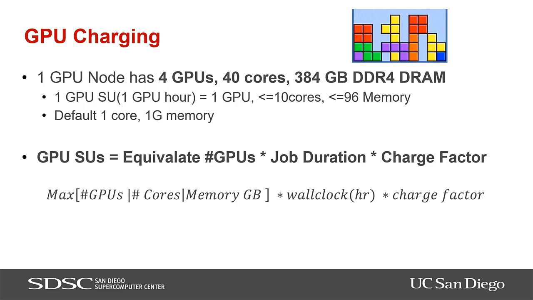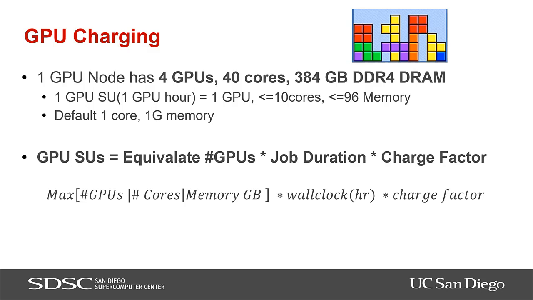GPU is very similar. The GPU charging is going to be the exact same. But again, you need to note that one GPU on Expanse is different than what we had on Comet. On Comet, we actually had 2 different types of GPUs available. But on Expanse, one GPU node has 4 GPUs, 40 cores, and 384 gigabytes.